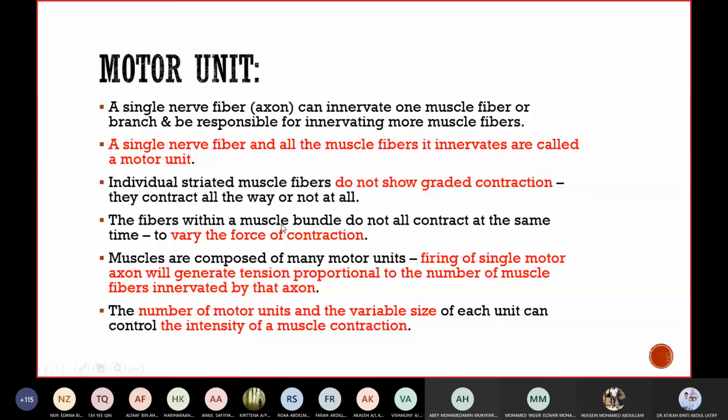The fibers within a muscle bundle do not all contract at the same time to vary the force of contraction. Muscles are composed of many motor units, meaning that one axon will innervate many muscle fibers. The number of motor units and the variable size depends on the intensity of a muscle contraction.